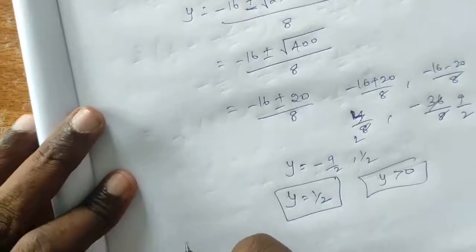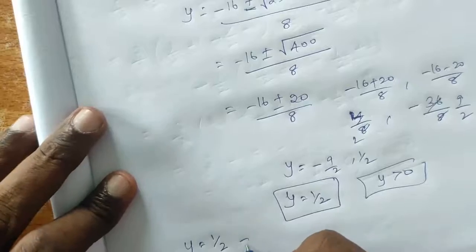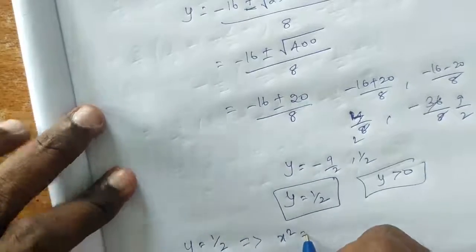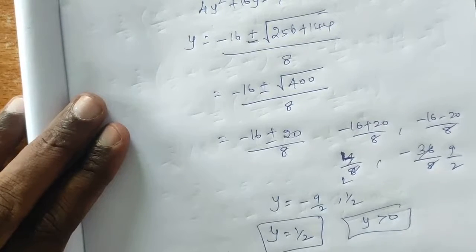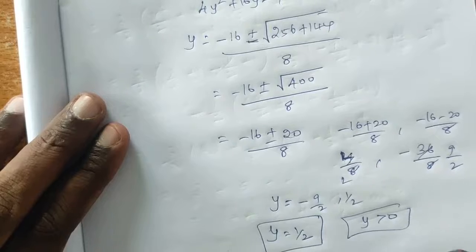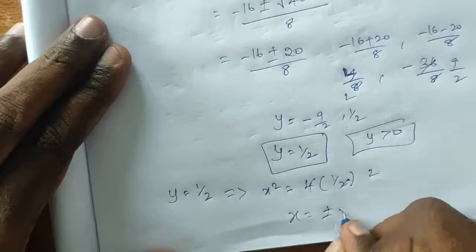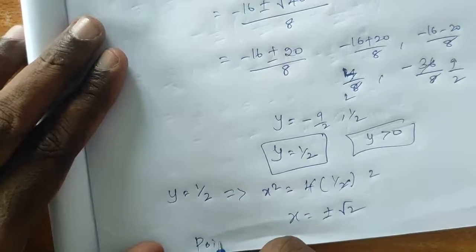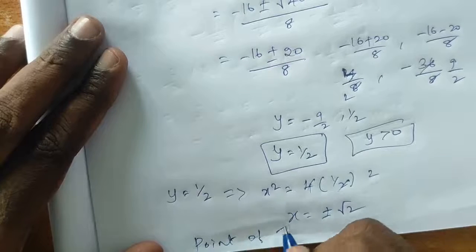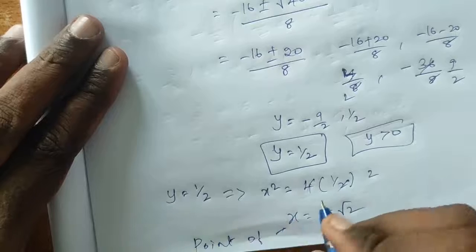So if y is equal to 1 by 2, we get x square is equal to 4y, the given term. So x square is equal to 4 into 1 by 2, which is 2. So x square is equal to 2, so x is equal to plus or minus root 2. So point of intersection x is equal to plus or minus root 2 is obtained by putting y is equal to 1 by 2.